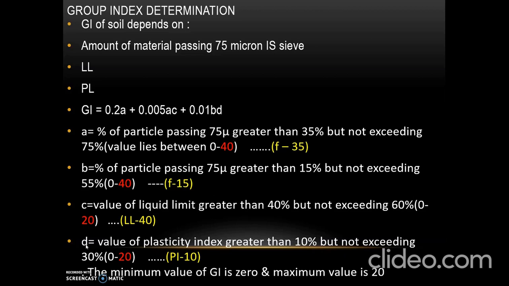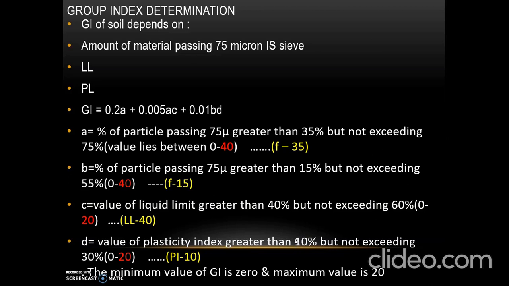Next is D. D is the value of plasticity index greater than 10% but not exceeding 30%. So to find D, we will use the equation PI, that is nothing but plasticity index. PI can also be written as IP. So PI minus 10 will give us the value of D. And this value of D should be greater than 10%.